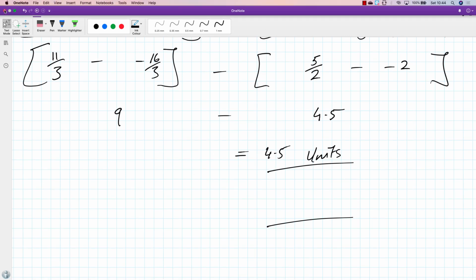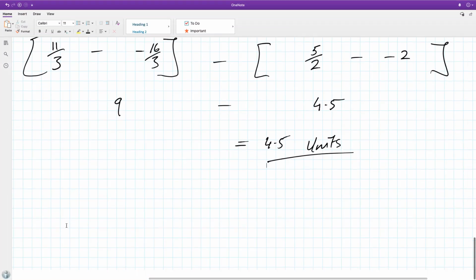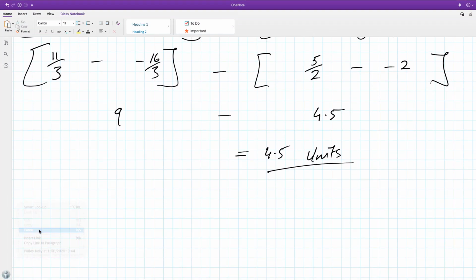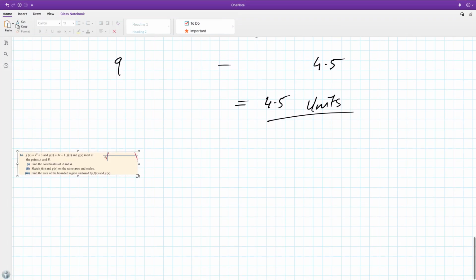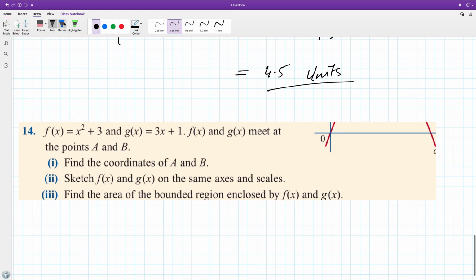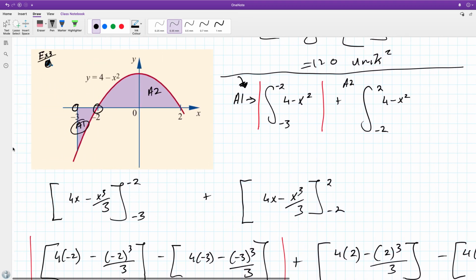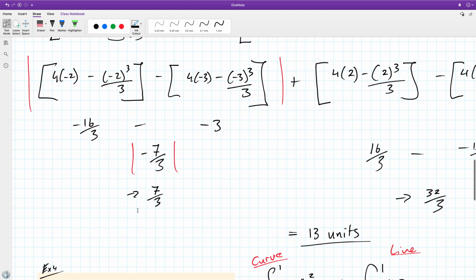Sometimes you have to work it out yourself. Have a go at this. This is example 6.4.